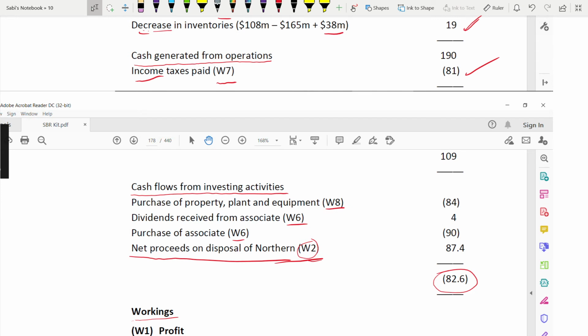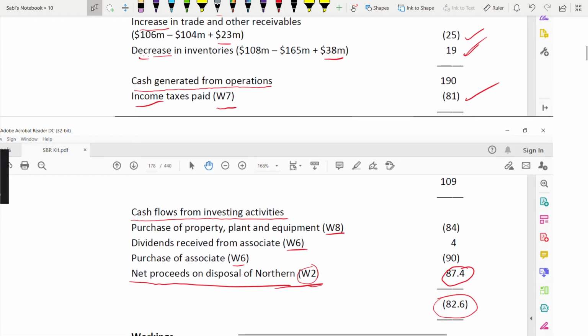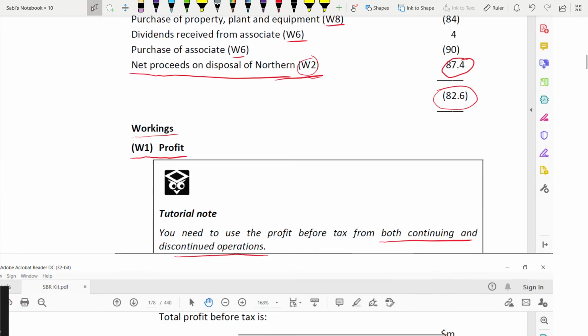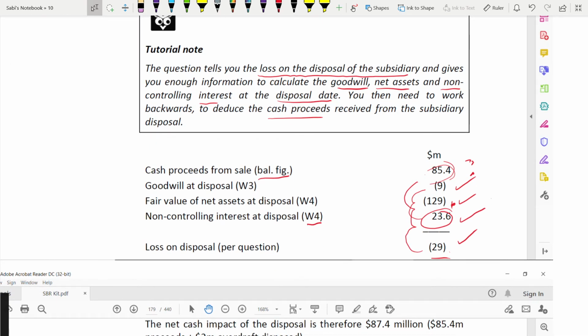But here they're giving 87.4. Let me check the calculation manually, because they are saying here in working number 2, 87.4. And here they are giving 85.4.